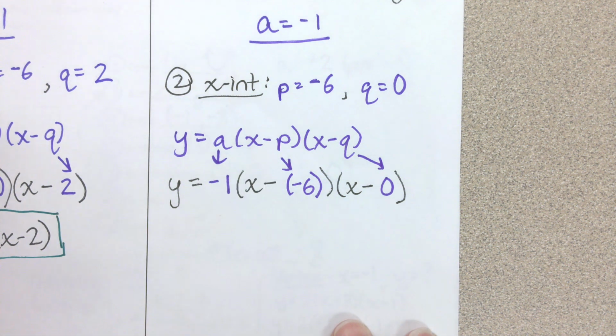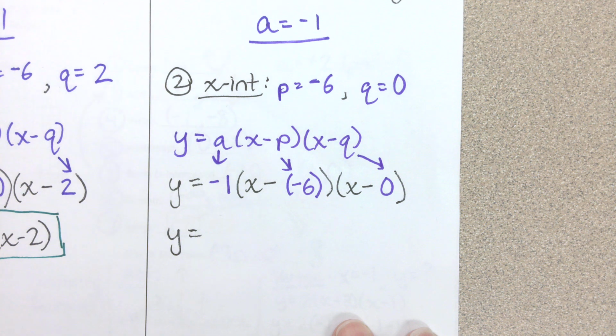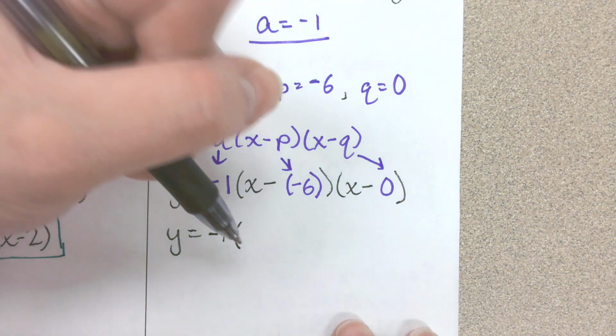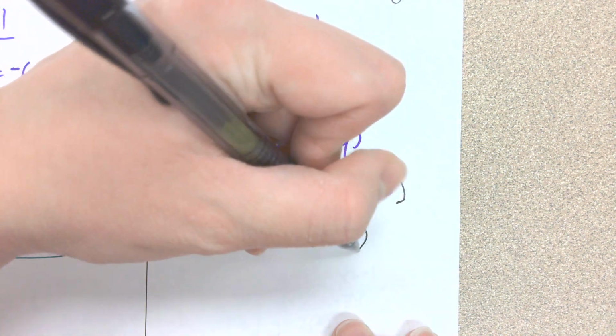Let's clean this up. Y equals, you can write negative 1 or just a negative, choice is yours. I'm going to leave it as negative 1. Times, again, this becomes X plus 6. Bring down the X minus 0.